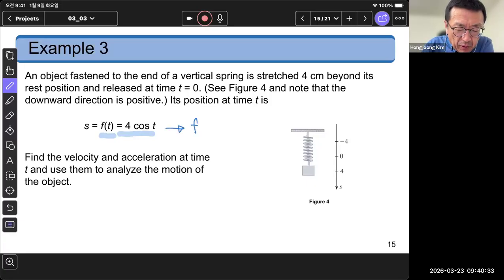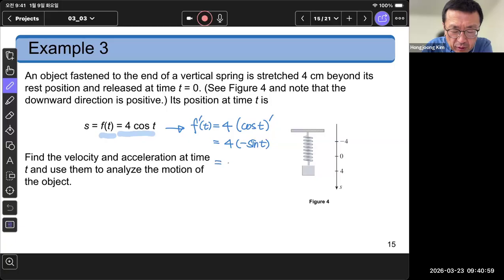If I differentiate, well, 4 is multiplied, but I can multiply this 4 after I differentiate cosine t, right? So you can multiply 4 to the derivative of cosine t. If I differentiate cosine, you get negative sine.